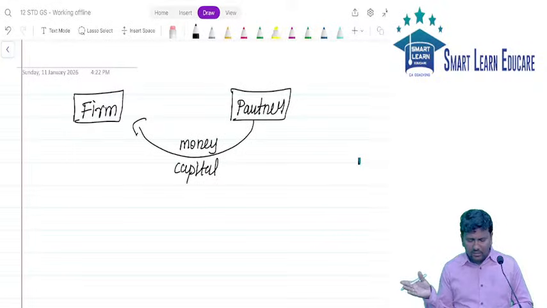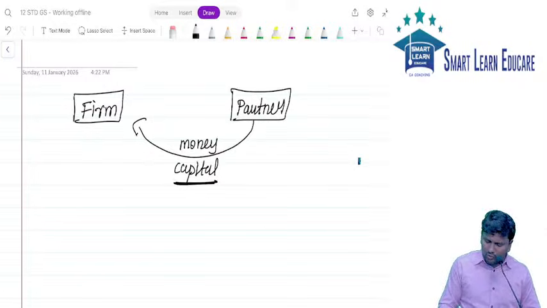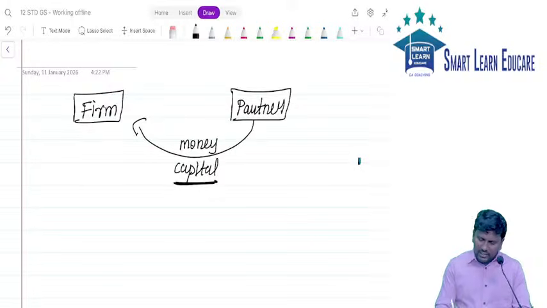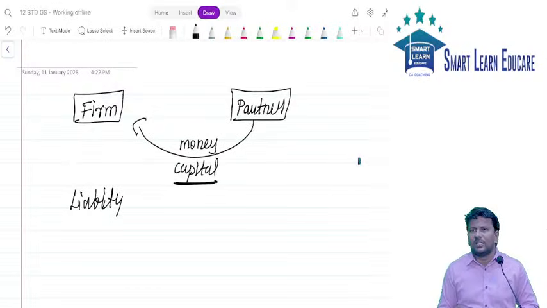So partner contributes some money to the firm. Such money we call capital. Capital is the money contributed by the owner. He gives some money. Capital is an asset or a liability? Capital is a liability. Loan received is a liability.